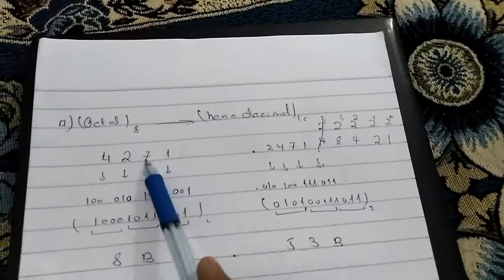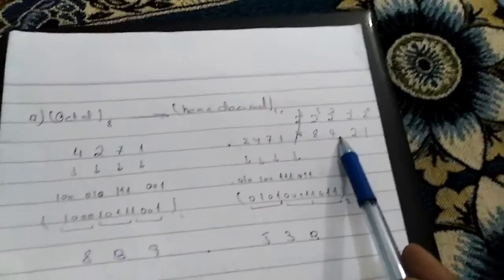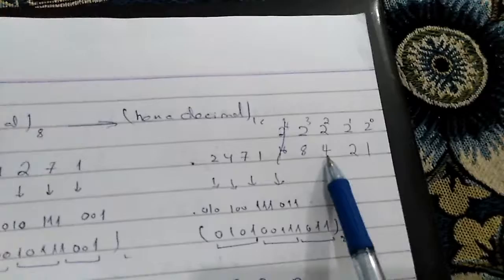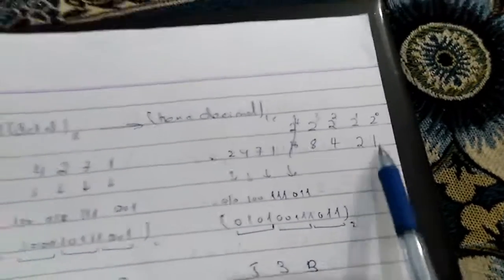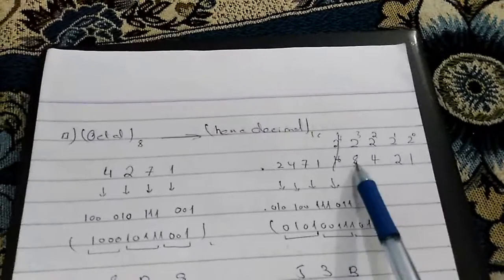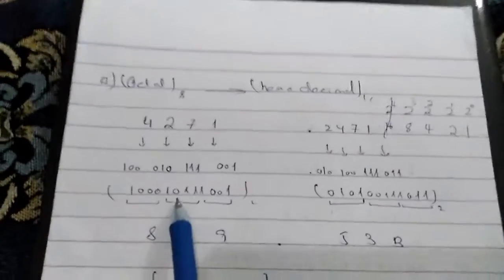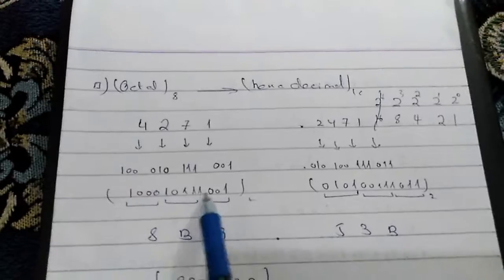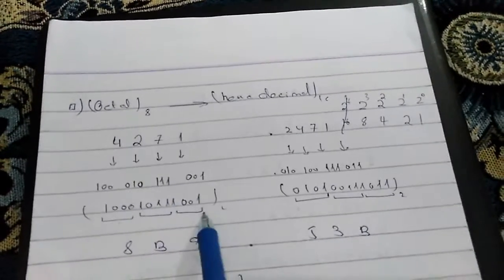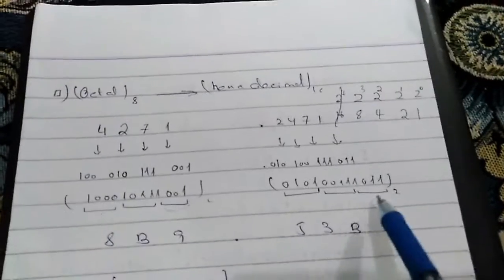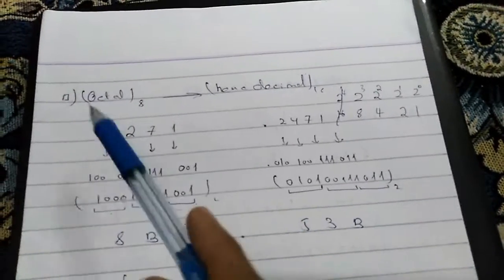Now for the 7 it will be 4 plus 2 plus 1, which is 7, so it will be 0 1 1. It is simply solved by making pairs of 4 for converting octal to hexadecimal.